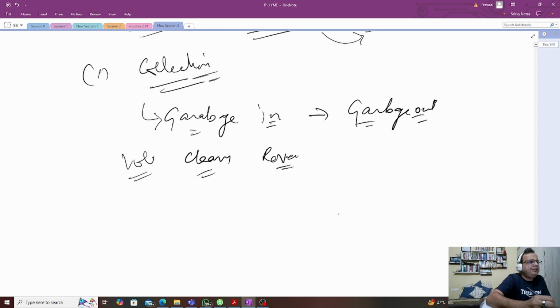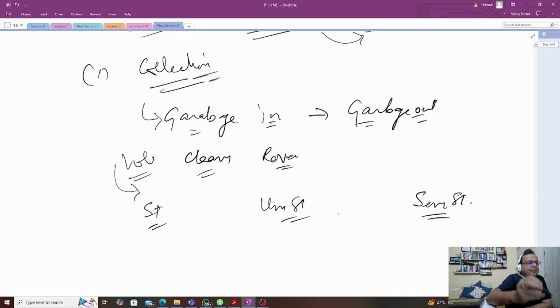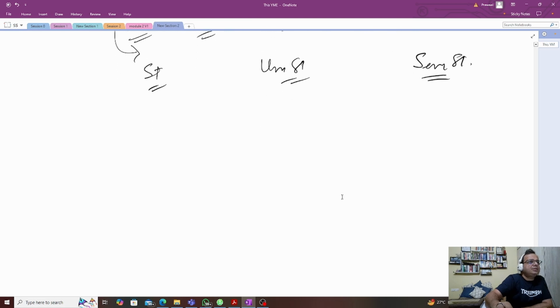Before we delve into the collection activities, just understand that the data we are talking about can be structured, unstructured, or semi-structured. And the way to process this data, whether it is structured, unstructured, or semi-structured, is also different.